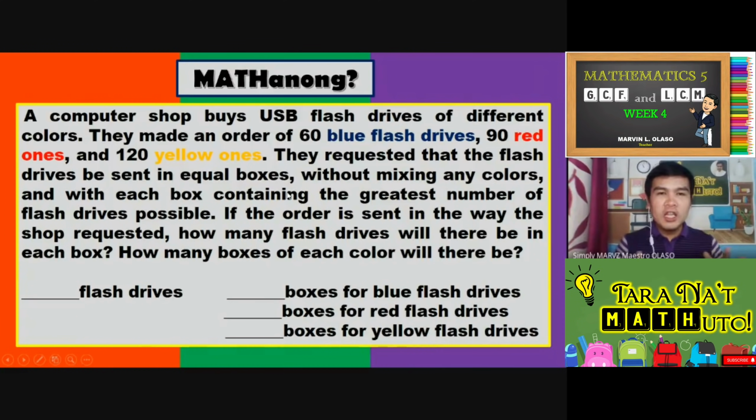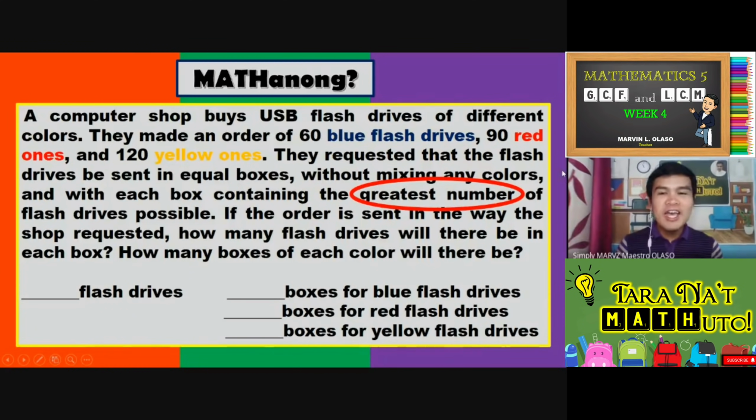So, to make the long story short, meron tayong clue words na nagsasabi kung ano ang hinahanap natin. It talks about greatest number. So, from the word greatest, we will apply the topic about greatest common factor.